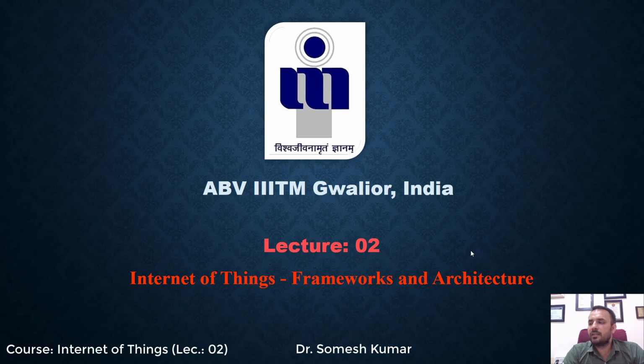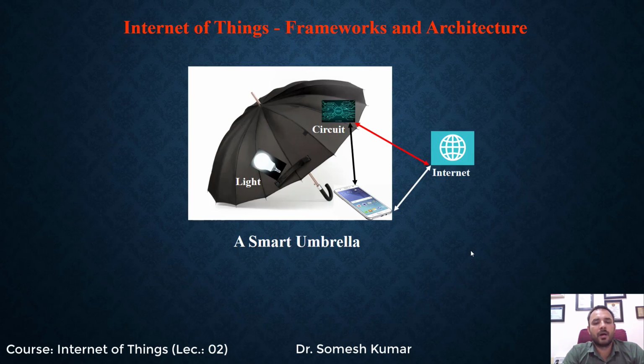I will start this lecture by taking one very interesting, very beautiful example, that is the smart umbrella. This figure shows an umbrella with some different things: our circuit, light, phone, internet. Basically this smart umbrella consists of three parts. One is our circuit part.